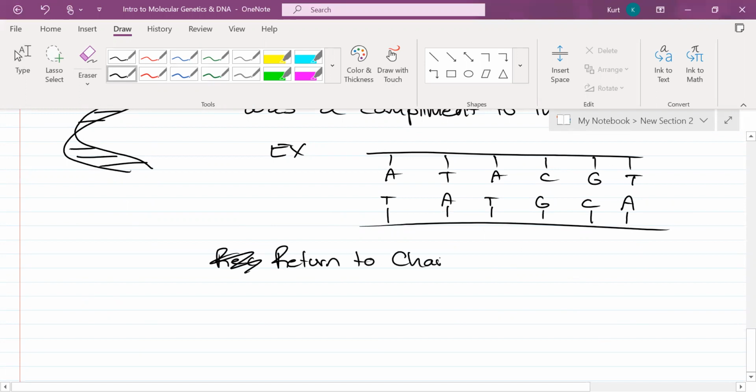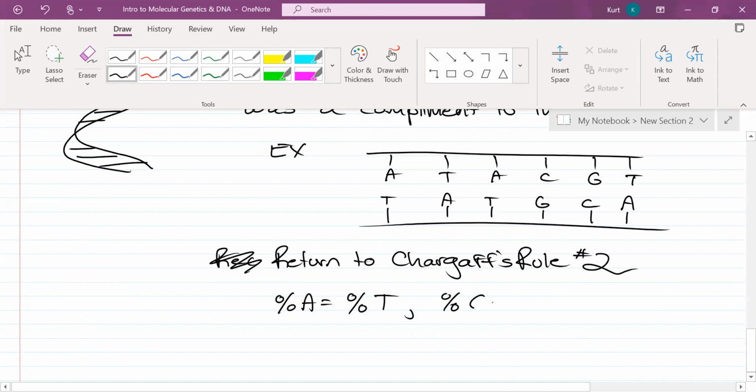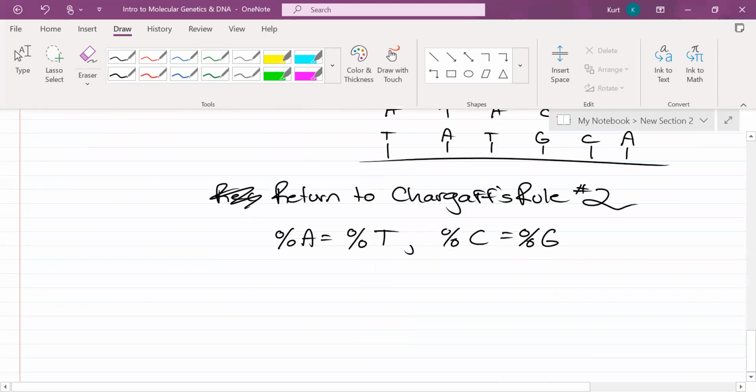He has principle number 2. The percent of A is equal to the percent of T, and the percent of C is equal to the percent of G. Now I have a little problem I can give you, I've observed on AP exams. It's a pretty simple problem.